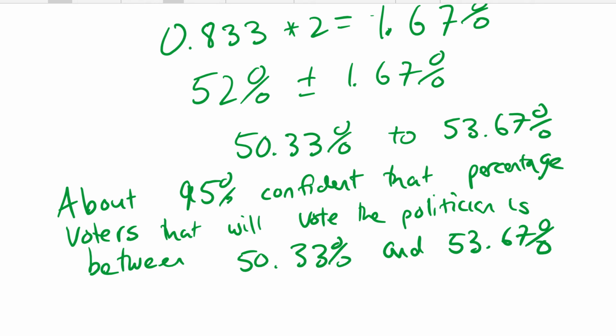So based on this information, it does look like he will win the election. However, keep in mind there's still a chance that he could lose because we are about 95% confident that he will fall somewhere within this range.